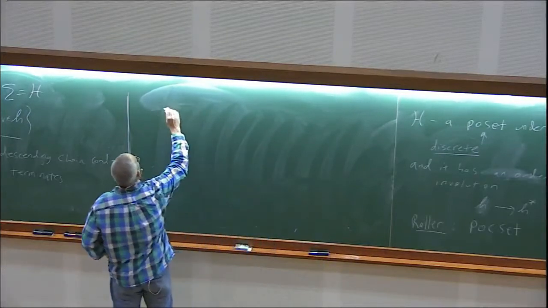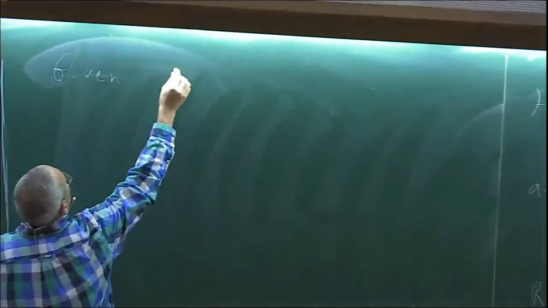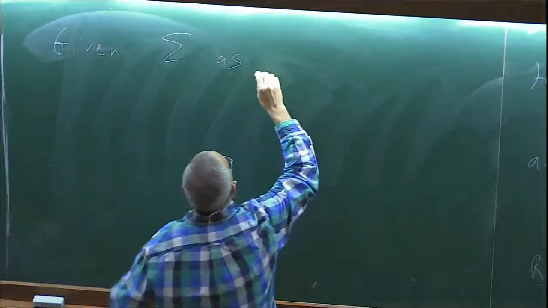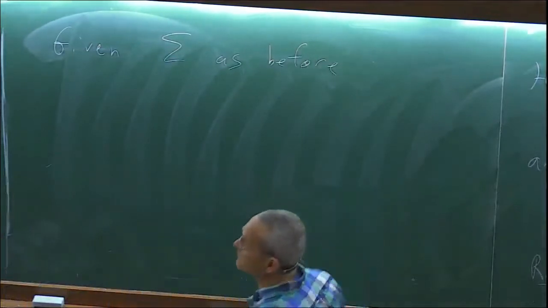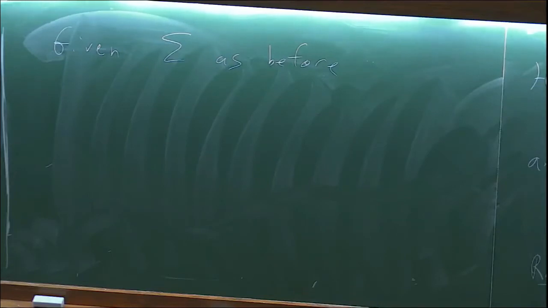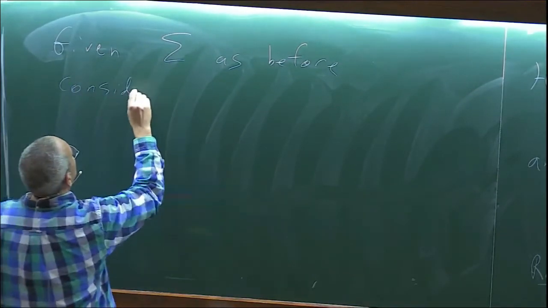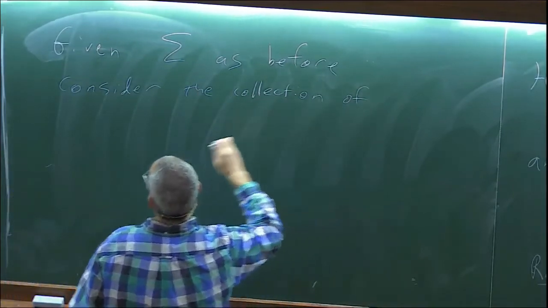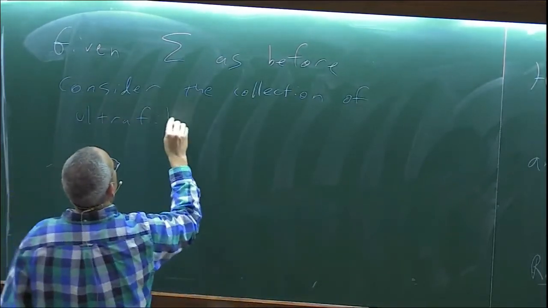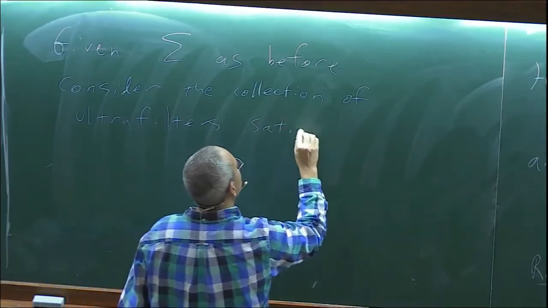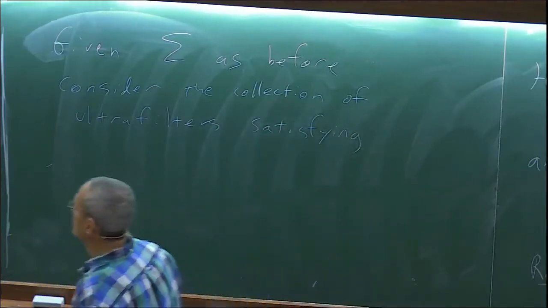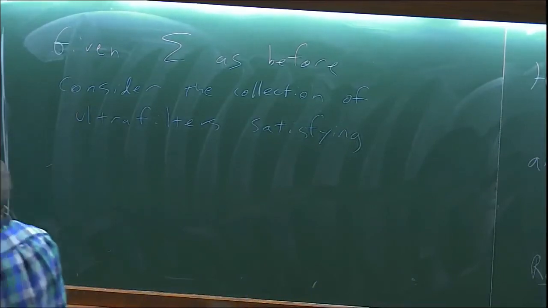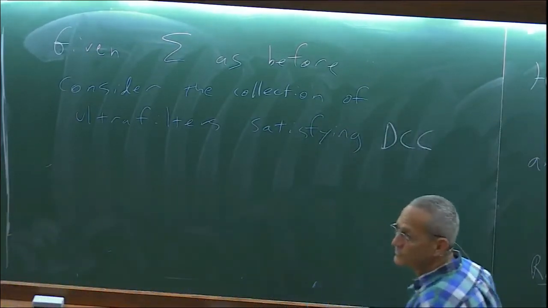Okay, so given this sigma as before, this poset that's discrete and finite width, we'll consider the collection of ultrafilters satisfying this, I can write DCC, the descending chain condition.